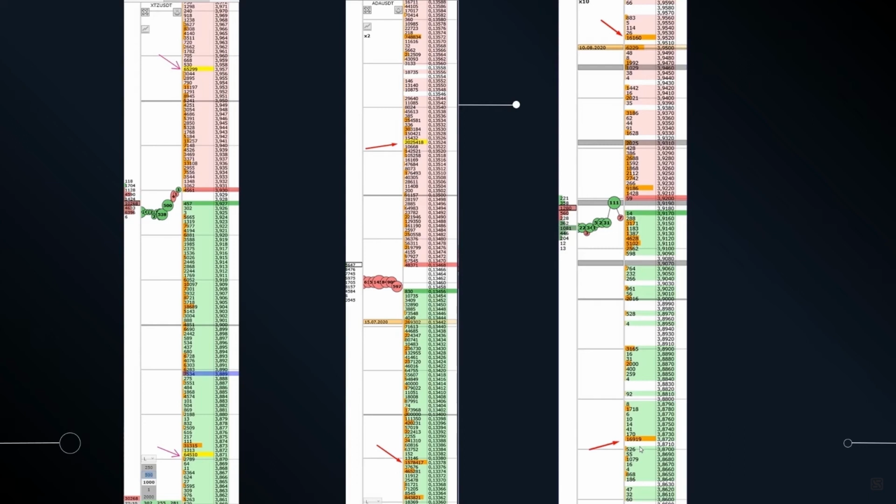However, both of these orders are market maker orders. And finally, in the third picture, we can see both orders at about 16k, so they are also market makers and at the same distance from the spread.